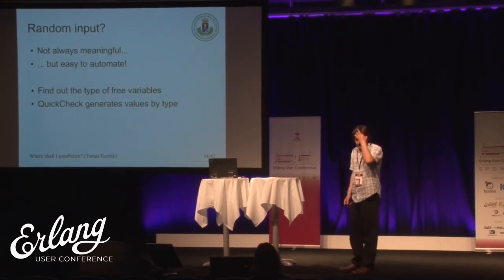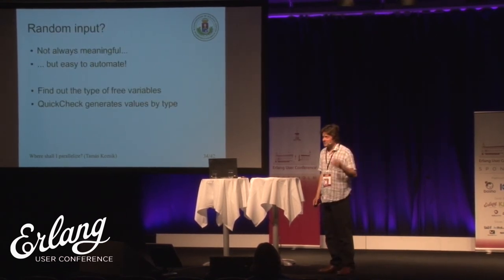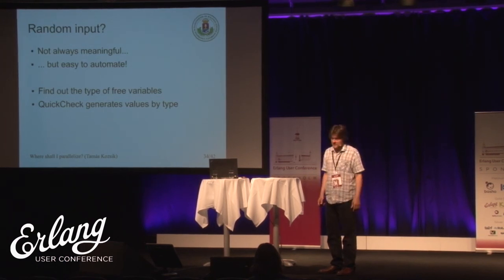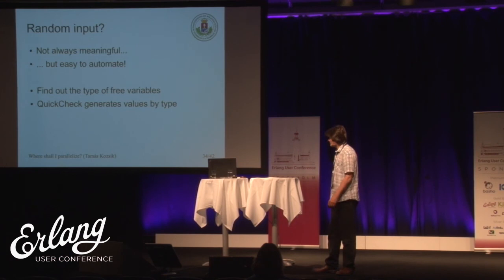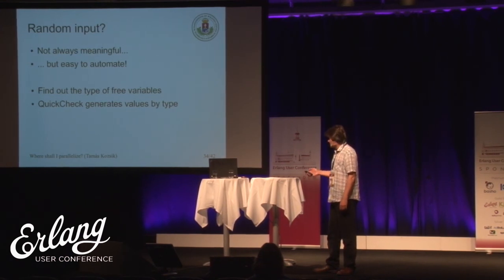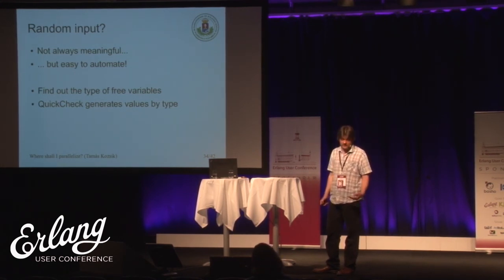So this random input might be really scary at first. It's not always meaningful, of course, but if you want to do some automatic timing, profiling, then there's no other way but to generate some random input. So we try to find out the type of our free variables and use QuickCheck to generate random data based on the types.